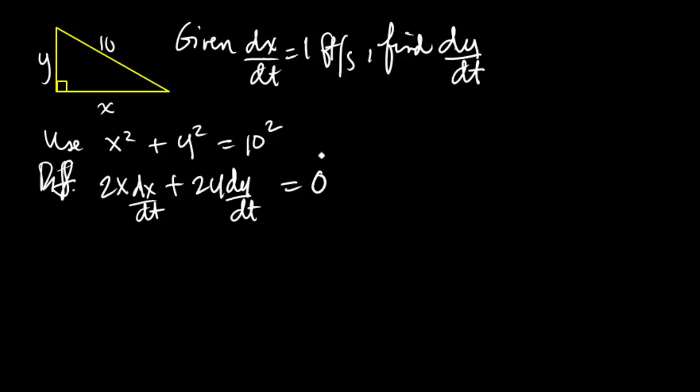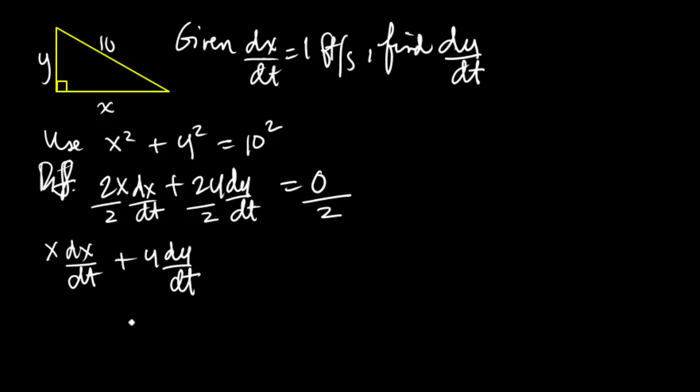That's a constant, so 0. Everything is divisible by 2, so let's divide everything by 2. So you've got x dx by dt plus y dy by dt equals 0.